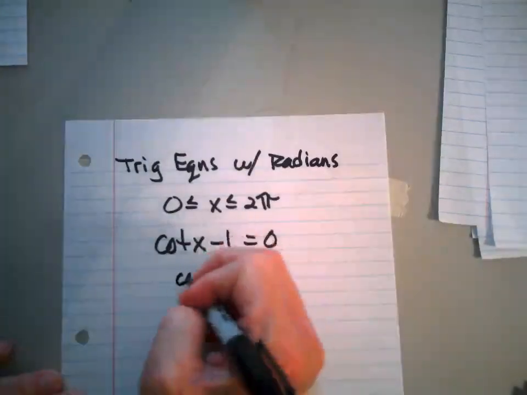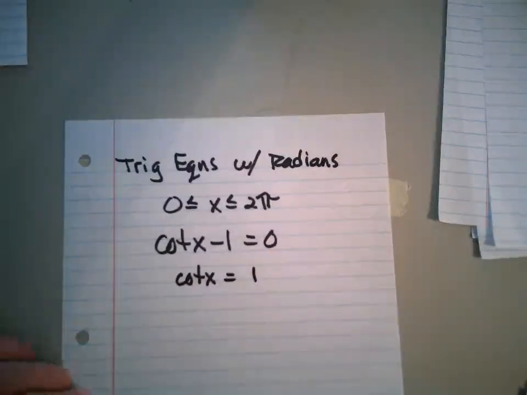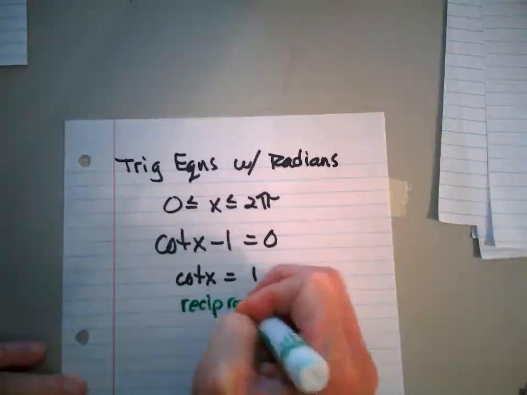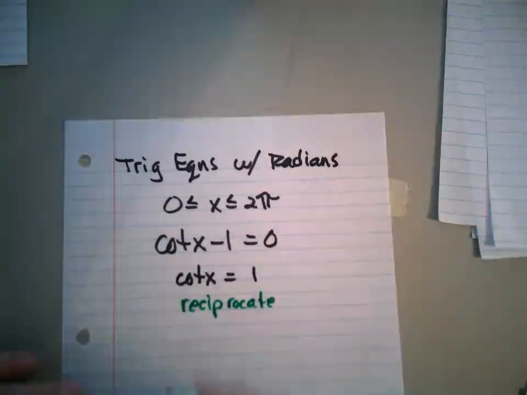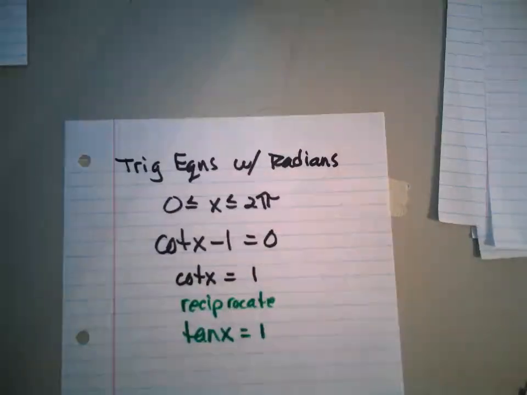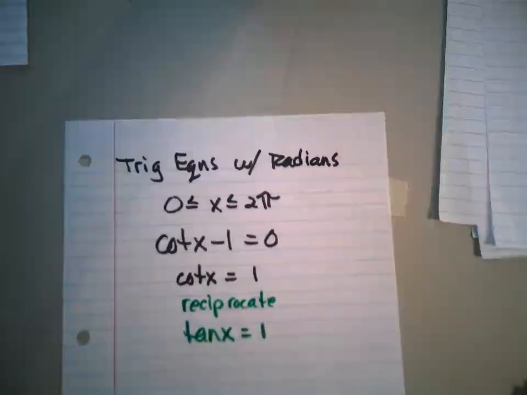All right, so cotangent x equals 1. So we will reciprocate to get tangent x equals 1. So when you reciprocate 1, you still get 1, so that's pretty simple.